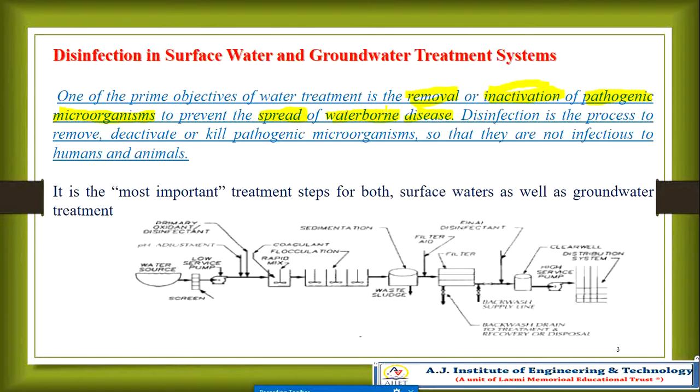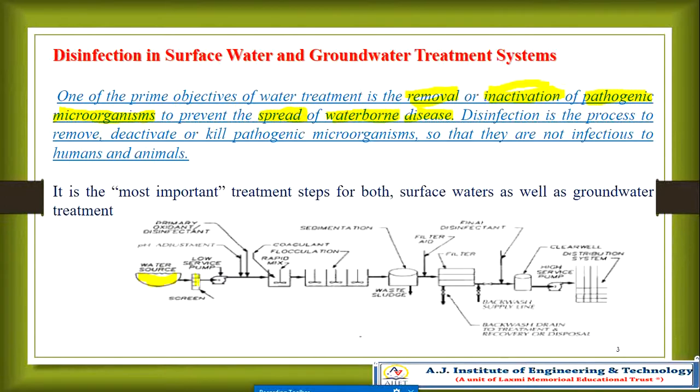Regarding the prime objective of disinfection in the treatment plant, where does water come from? As we know, water comes from a source. It is screened, there are several screens.